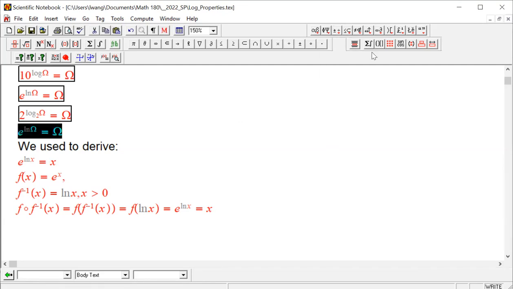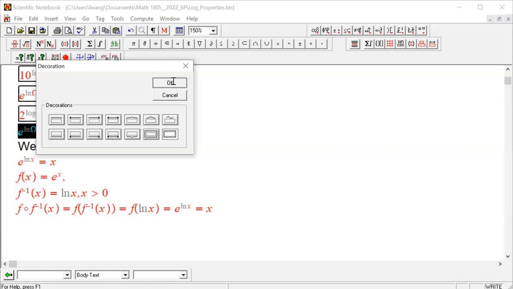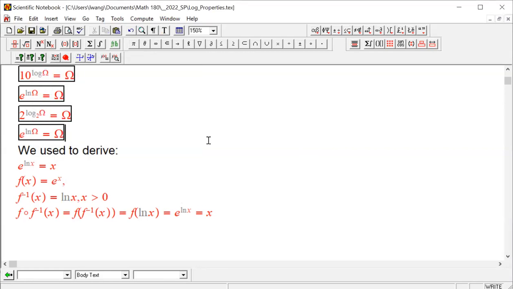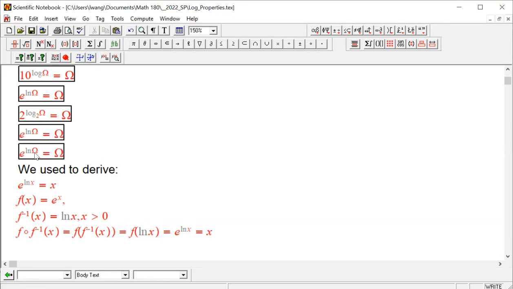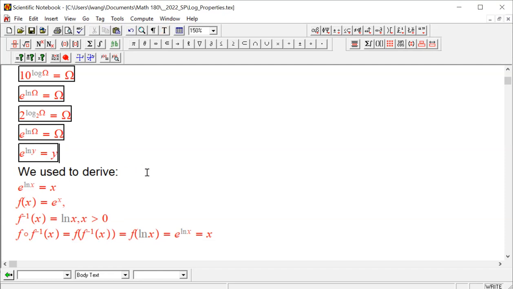This is the most commonly used in calculus. Of course, there are other applications, but this is one of those very commonly used ones. And you will see in calculus, instead of putting omega there, it could be just y there. Okay, it could be y there.